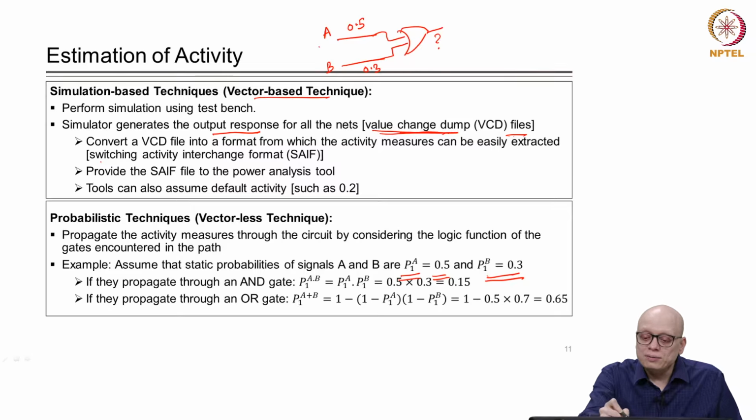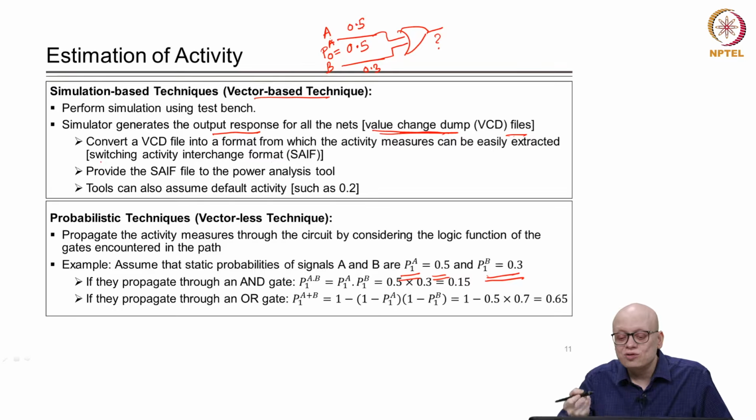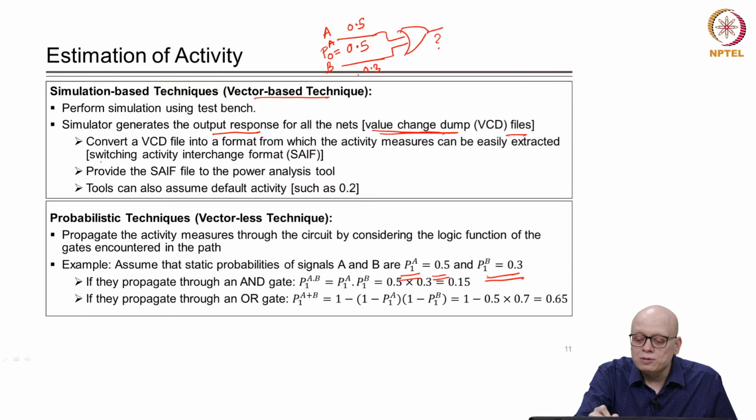For the signal A the probability of being 1 is 0.5, so the probability of being 0 is also 0.5. Now, what is the probability of being 0 for the signal B? The probability of being 1 was 0.3, so the probability of being 0 for the signal B will be 0.7.